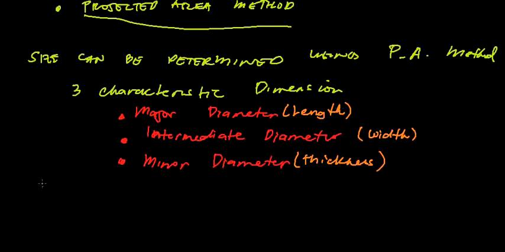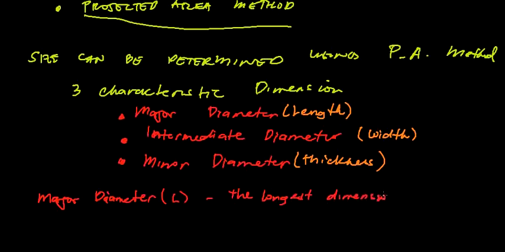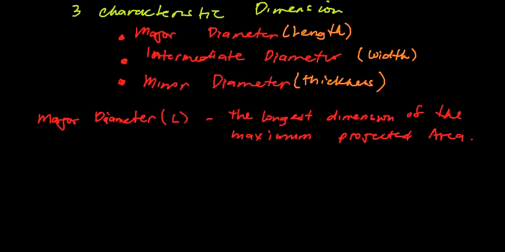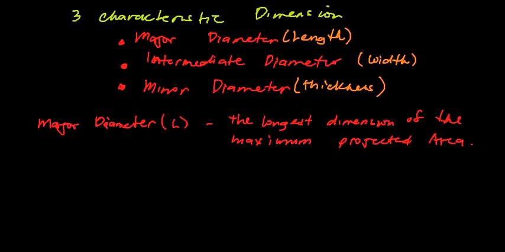The major diameter, or the length, is defined as the longest dimension of the maximum projected area. Let's define the three first, then I will illustrate it later.